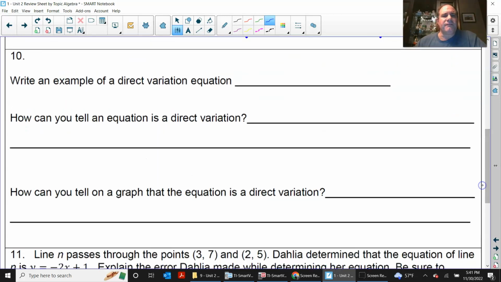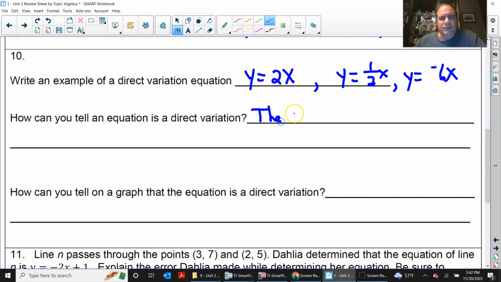Write an example of a direct variation equation. Remember, direct variation must have a y-intercept of 0. y equals 2x. Or y equals half x. Or y equals -6x. How can you tell an equation is a direct variation? The y-intercept is 0.